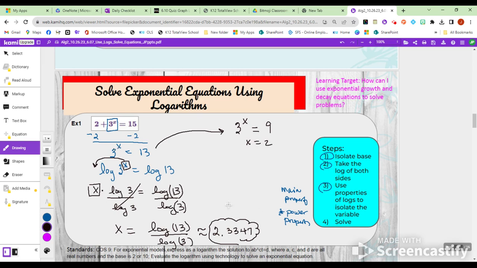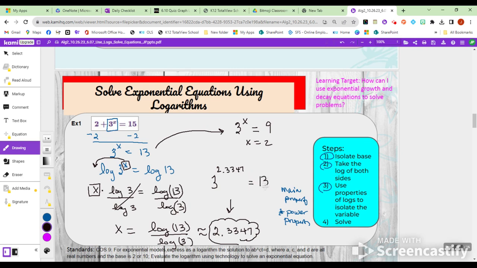So let's think about this answer. The question was 3 to what power equals 13. So let's see if we're right. 3 to the 2.3347. Keep in mind we rounded that, so that's not the exact answer. And we're trying to see if that's equal to 13.